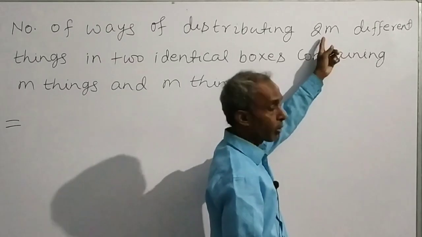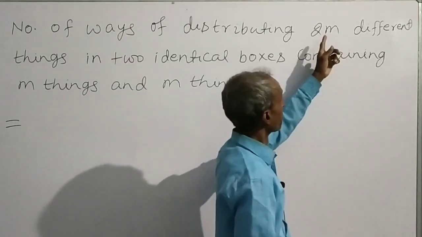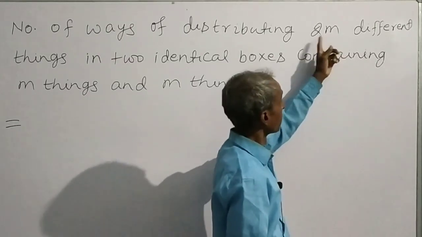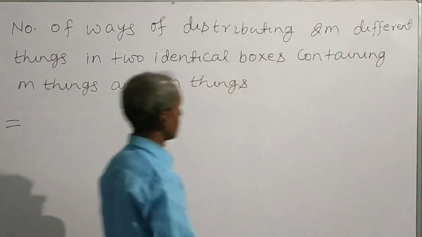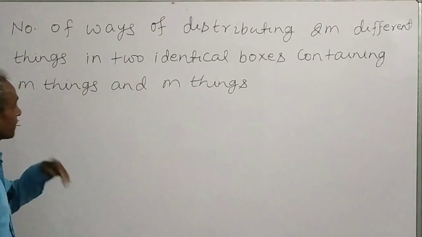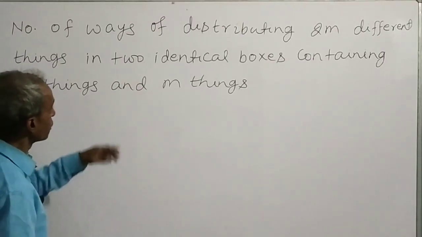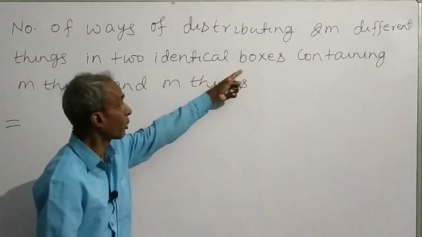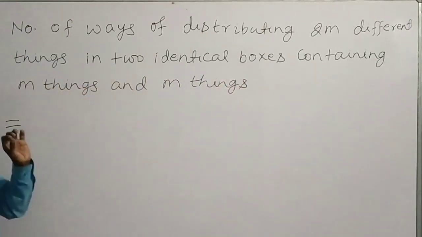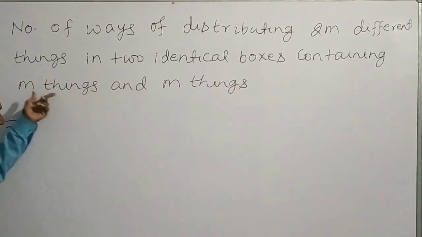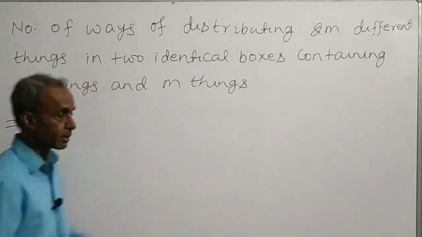Total number of different things is 2m, and it has to be distributed in two identical boxes consisting of m things and m things.